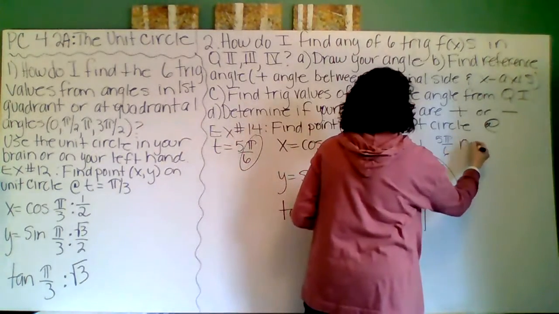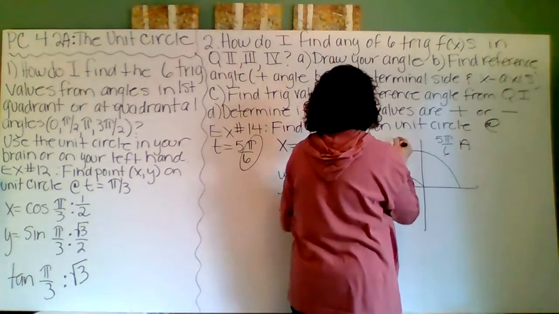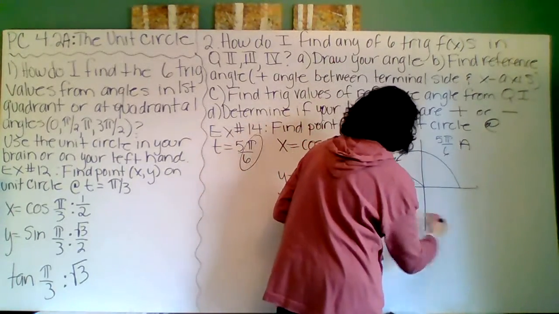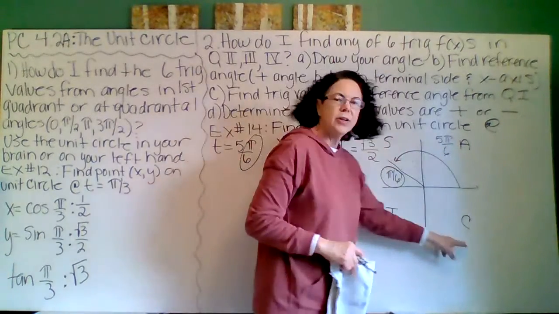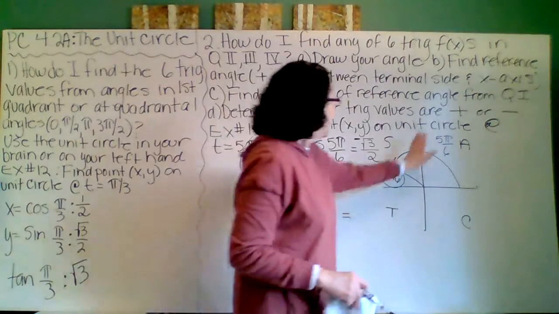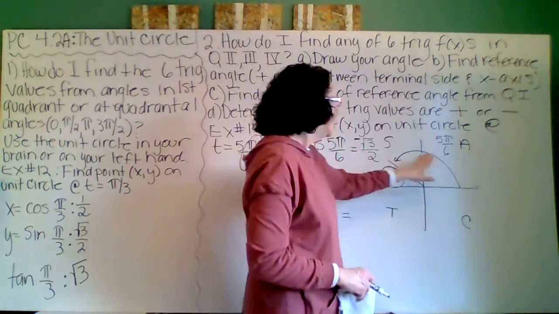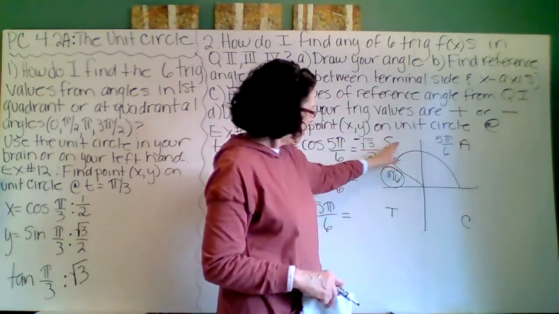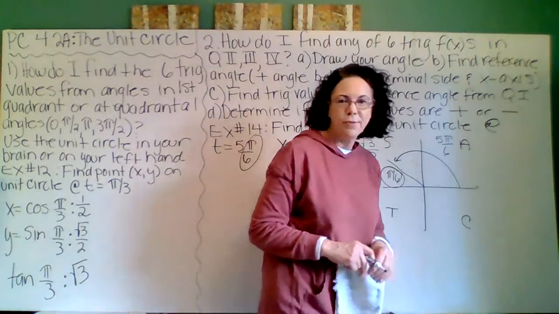Another way that we probably talked about is all students take calculus. All students take calculus, and this tells you what trig values are positive. All of them in the first quadrant, just sine in the second, just tangent in the third, and just cosine in the fourth.